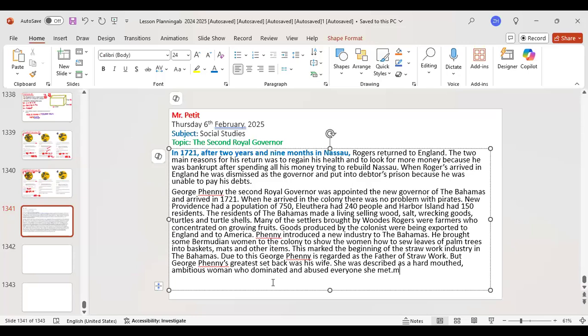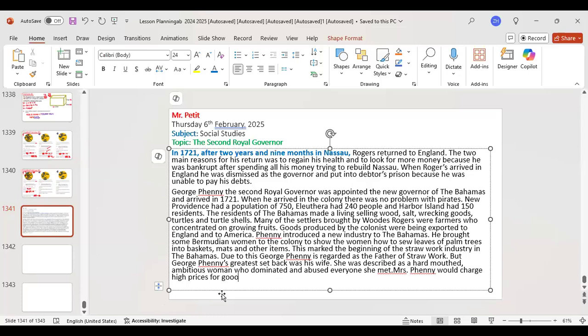Mistress Finney would charge high prices for goods.